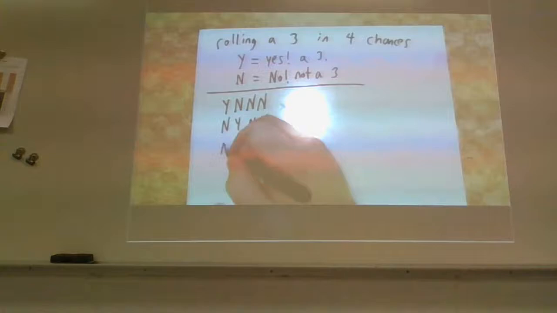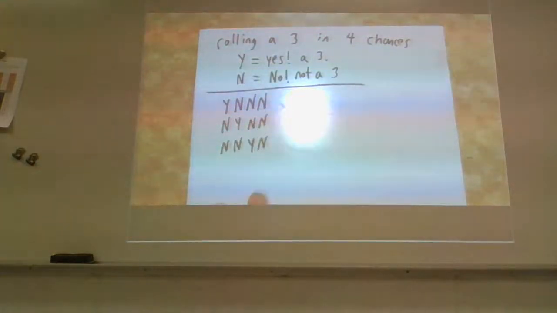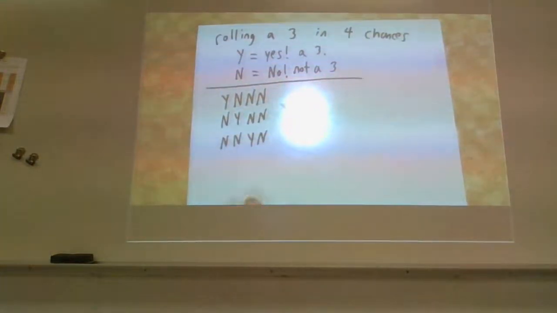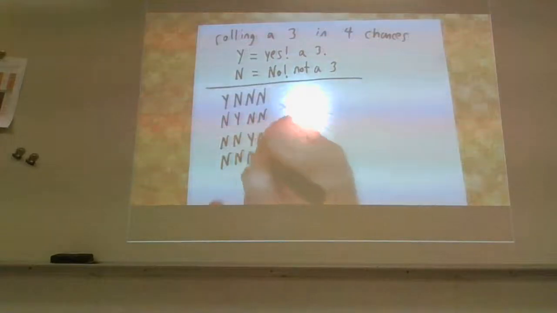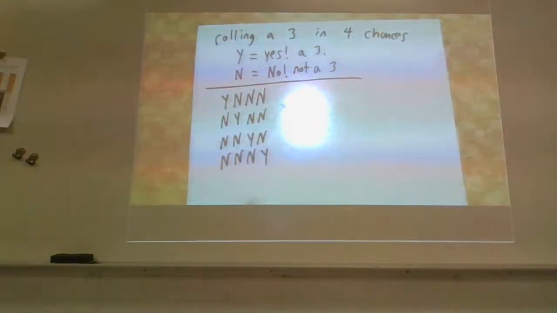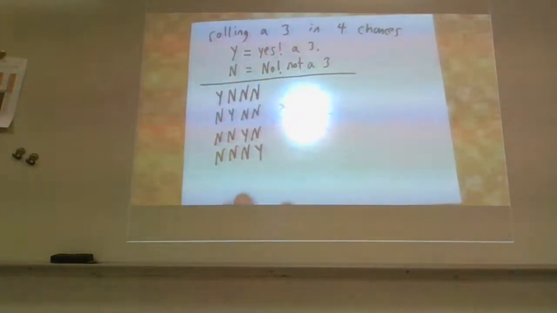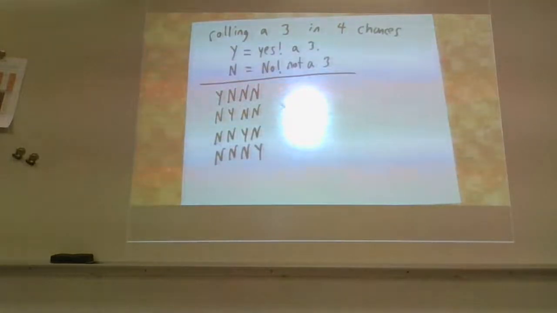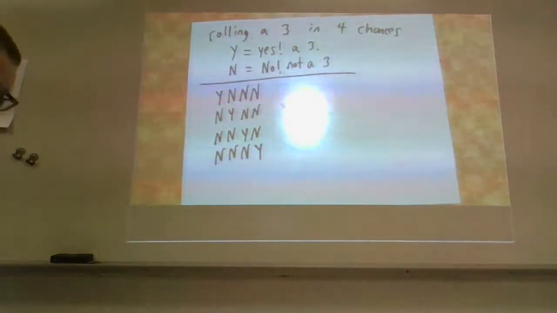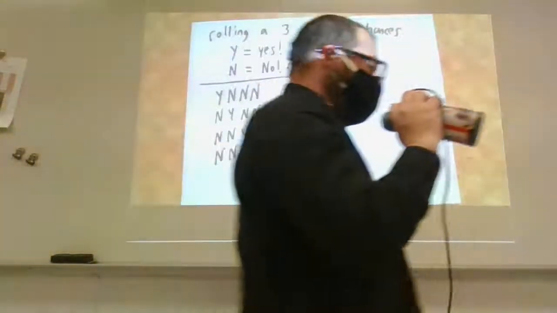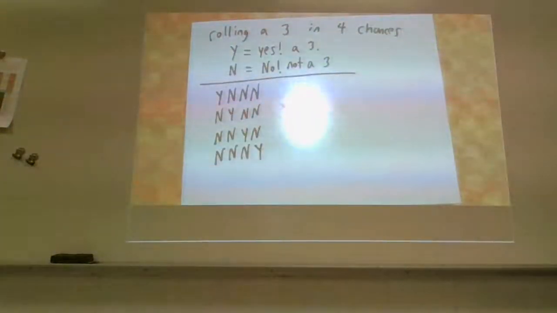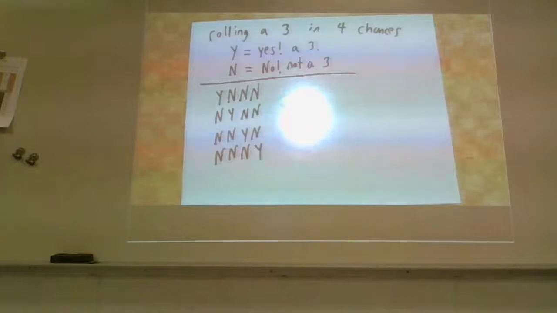I could also get it on the third roll. And I could also get it on the fourth roll. These are the 4 possible ways that I could potentially get a 3 on one of those 4 rolls.